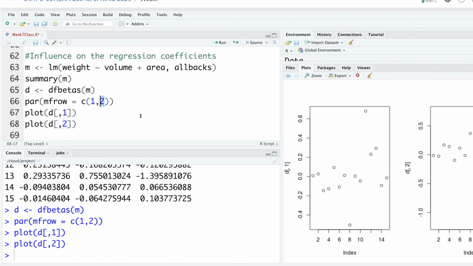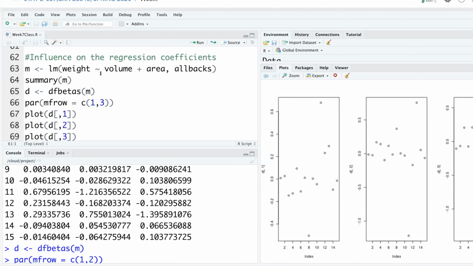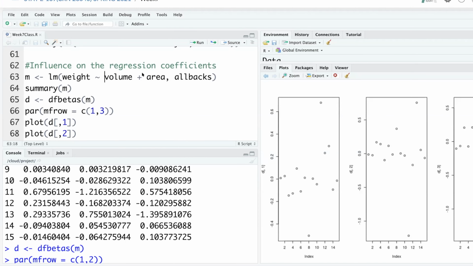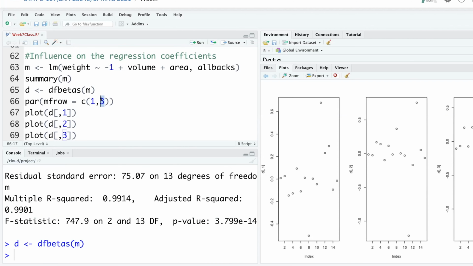Actually, we can do it for all three. Let me go back and do it for the without-intercept situation, because our intercept was not significant, and by removing it, you had seen that it made a big impact on the coefficients. So this time you have only two columns.